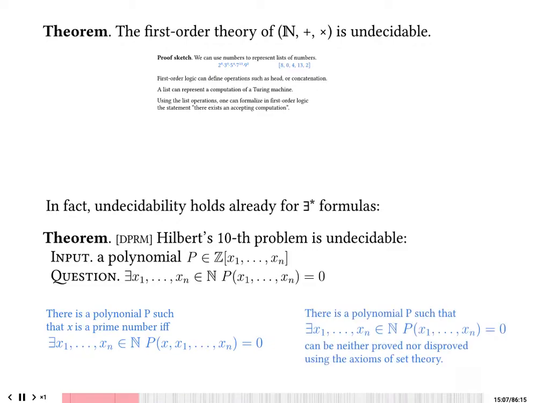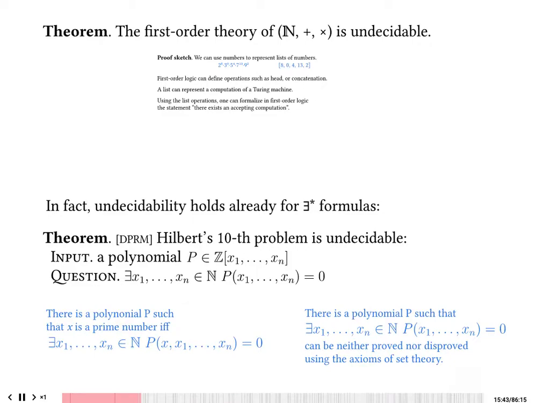Another funny corollary of this undecidability result, which is a purely generic corollary of any undecidable problem, is as follows. There is a polynomial such that whether or not it has a yes answer to Hilbert's 10th problem, so whether or not it has a natural root, this statement can neither be proved nor disproved using the axioms of, say, Zermelo-Fraenkel set theory with choice, or in fact any formal system.